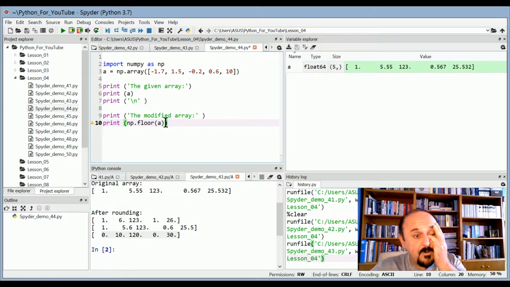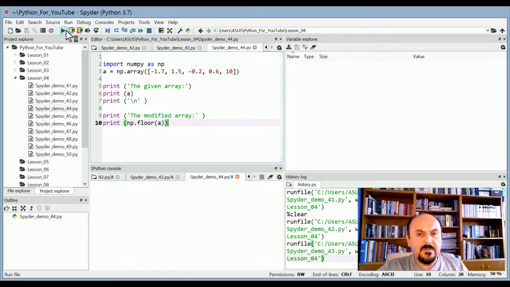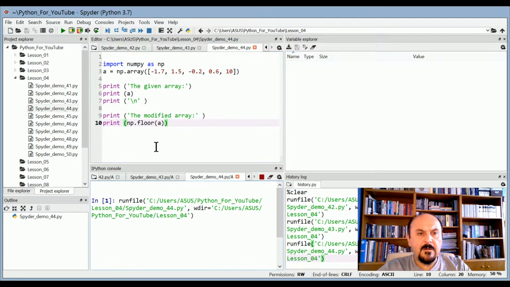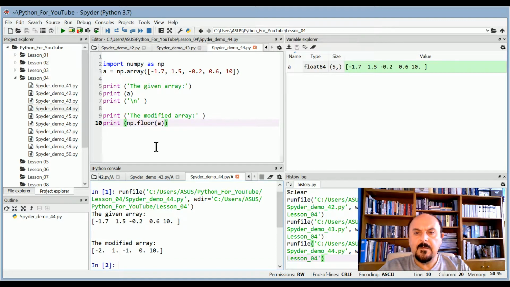This is an example for floor rounding. When I run this snippet, I can show you. When I use the floor method, it decreases so as to get the lowest point.